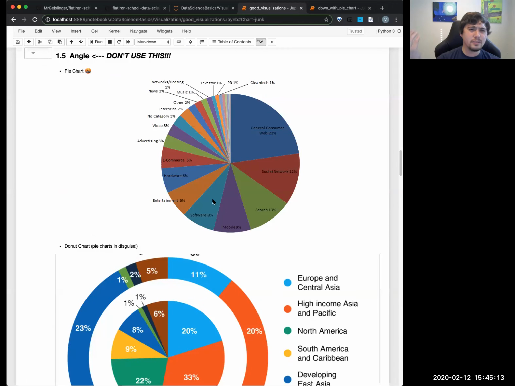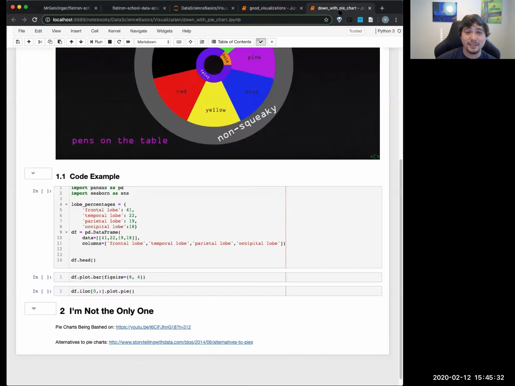Well, then just use a bar chart. Why do you have to use a pie chart? And I'll tell you why people use pie charts. The real reason is because they look pretty. I don't know what it is, but business people love pie charts. I've noticed that with a lot of business companies, pie charts are everywhere.